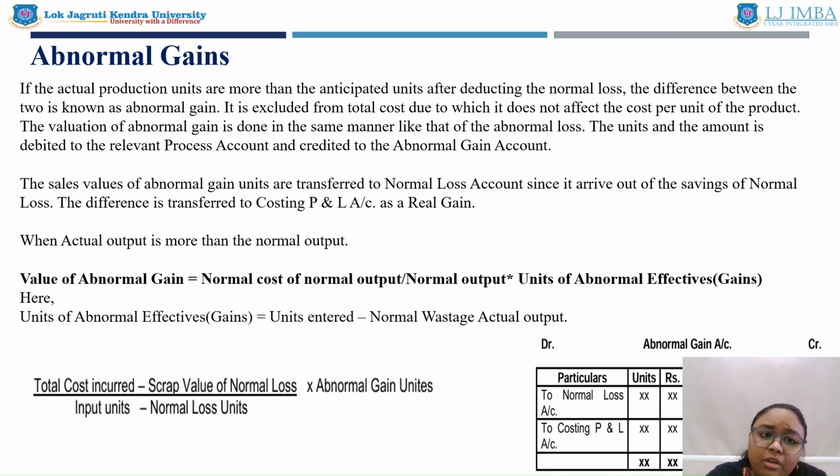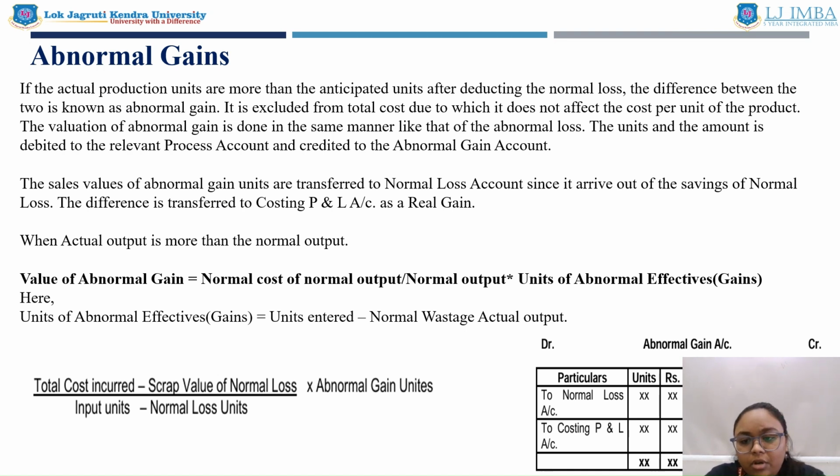The valuation of abnormal gain is done in the same manner as abnormal loss. The units and amount are debited instead of credited. It will be debited to the relevant process account and credited to the abnormal gain account. So the formula is also the same to find the value of abnormal gain, and instead of abnormal loss units you will have the abnormal gain units.